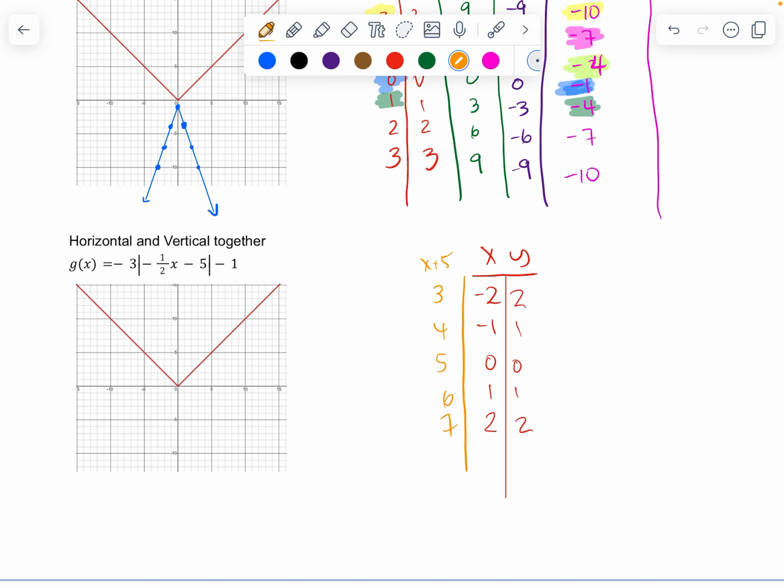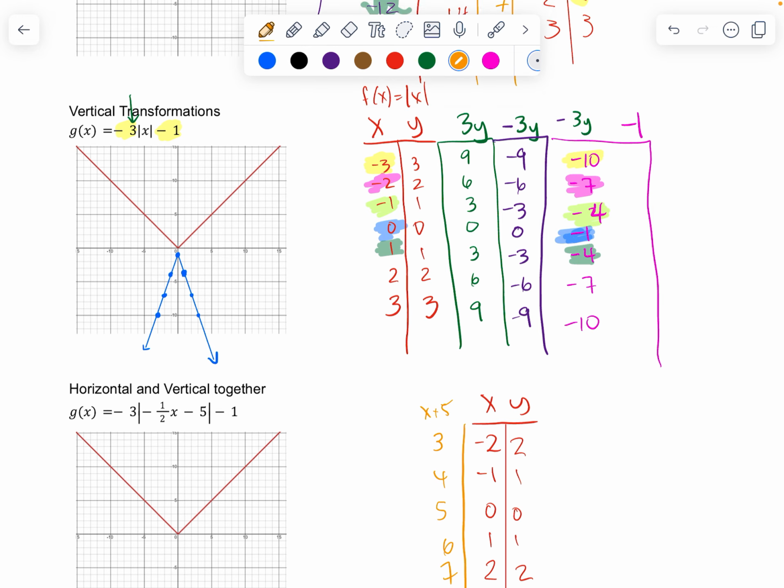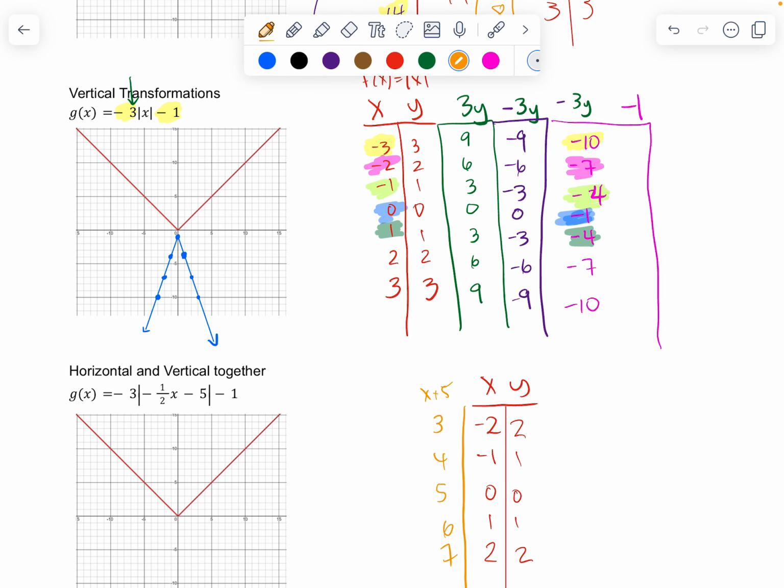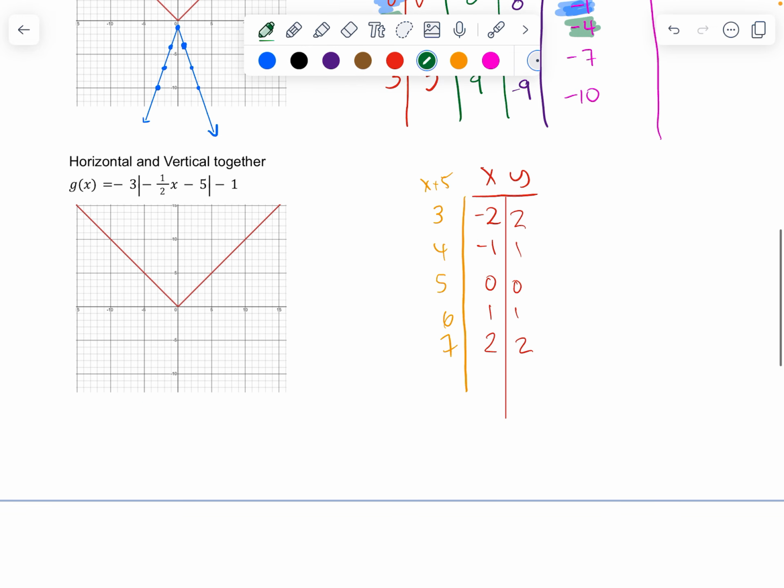Then what I'm supposed to do is a stretch and a shrink. So I take this right here and I'm going to multiply it by 2. Sorry, I'm trying to make sure I get the right colors and everything.